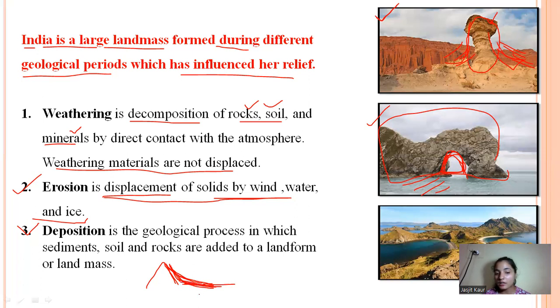Then they start collecting at one particular place. When all these small solid particles start eroding and depositing here, this kind of structure is formed.